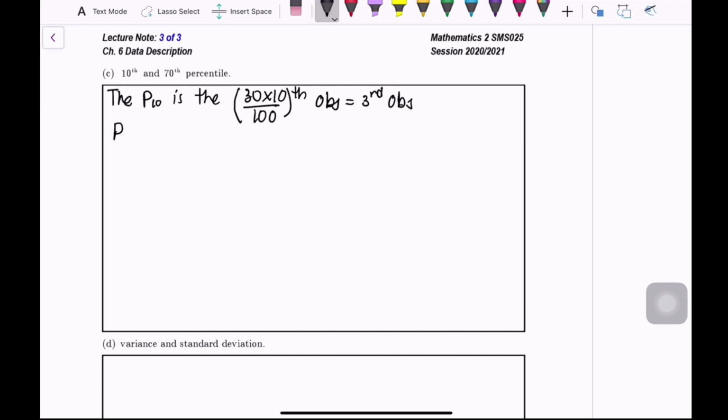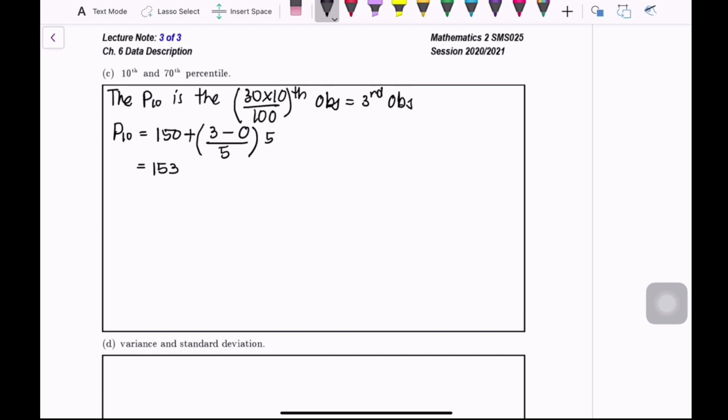By using the formula, P10 is equal to 150 as the lower boundary for P10 plus n times k over 100, which is 3, minus the cumulative frequency before P10, which is 0, over the frequency for P10, which is 5, and C is equal to 5.